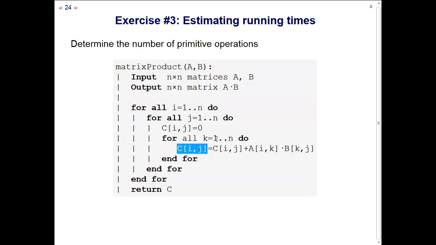And then you have a third inner loop that goes through the ith row in A and the jth column in B, in order to compute that element ij in the resulting matrix. Now let's count the number of primitive operations.